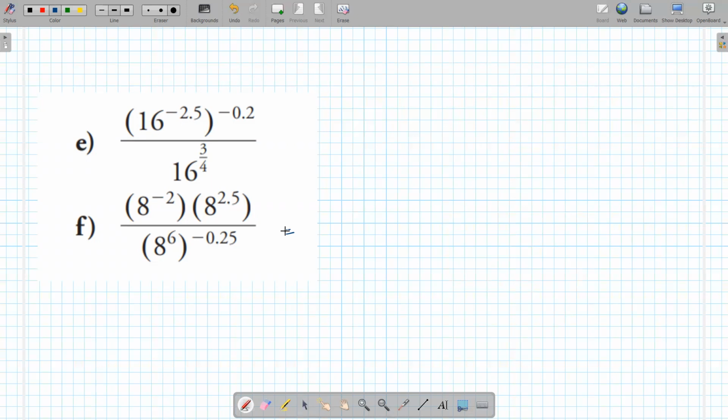On the top and on the bottom. Everything is an 8. On the top, we're just going to multiply them. Oh, sorry, you can't multiply on the top. You need to add them because they're being multiplied. On the top, you add them. On the bottom, you multiply them like that, right?